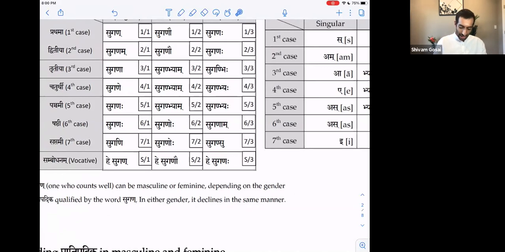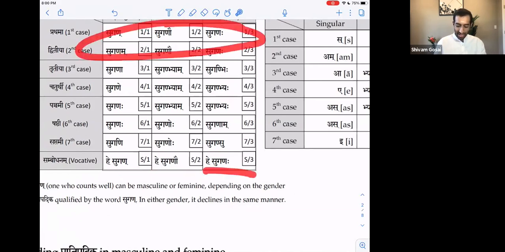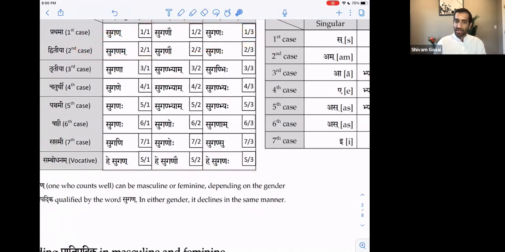Okay. He sugan, he suganoho, he suganaha, because it's going to be the same as the first case. Sometimes there's some differentiation with the sambodhana, but here it's going to be the same. So that's why this is the simplest, because this is our Sanskrit math. Just a little bit of addition. We just have to know what to add to.